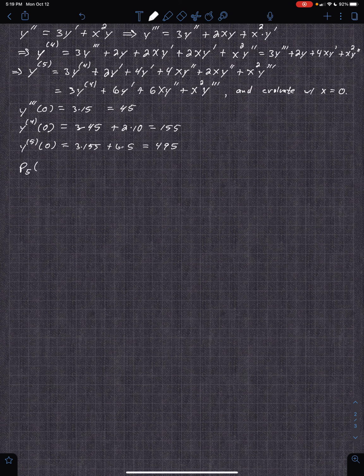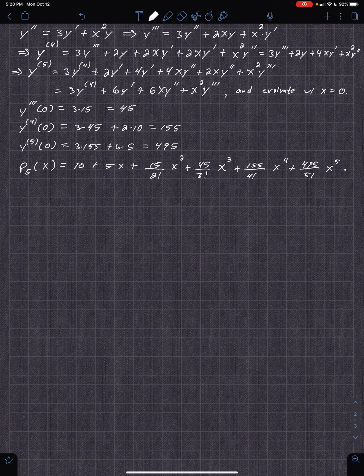It actually has 6 terms, but so p sub 5 of x then is equal to 10 plus 5x, and then 15 is what we calculated, over 2 factorial x squared plus 45 over 3 factorial x cubed plus 155 over 4 factorial x to the 4th plus 495 over 5 factorial x to the 5th.